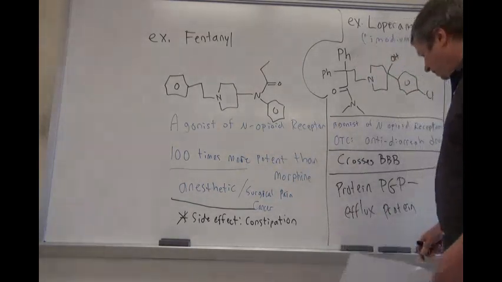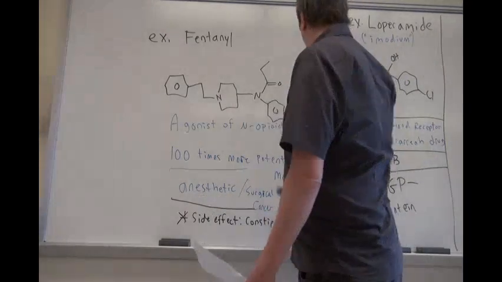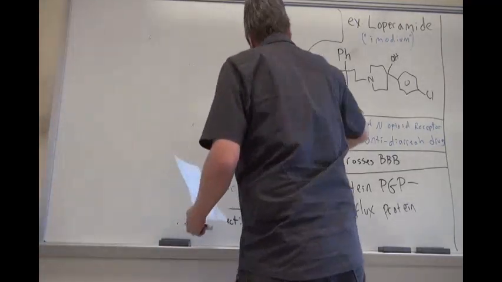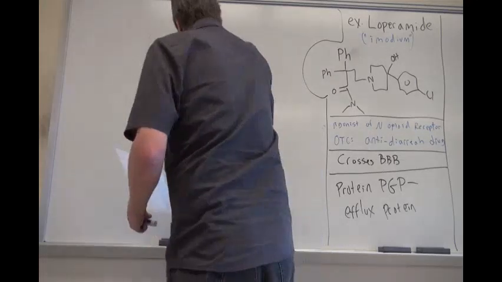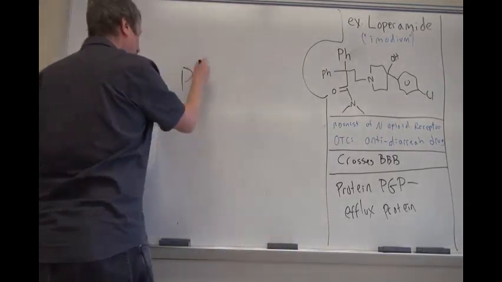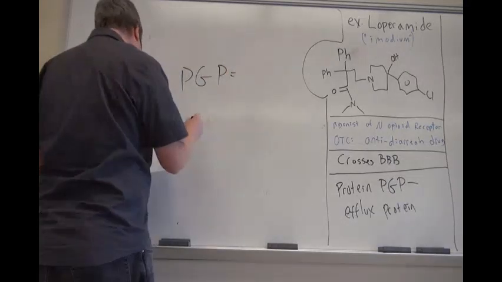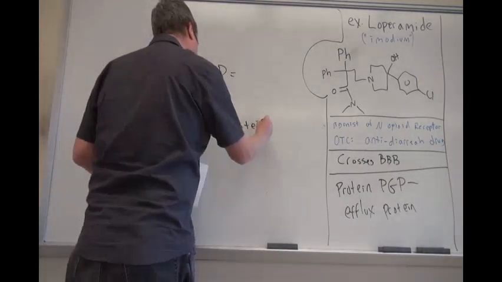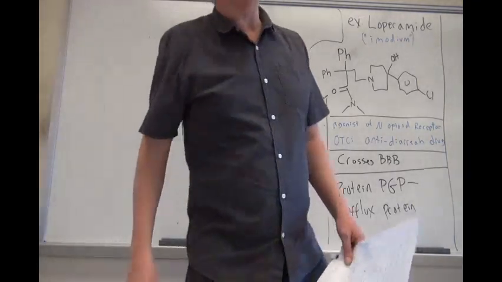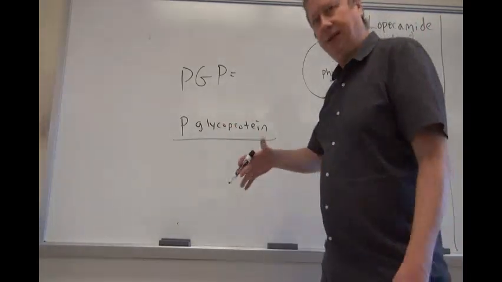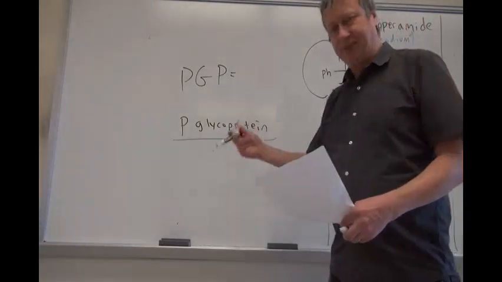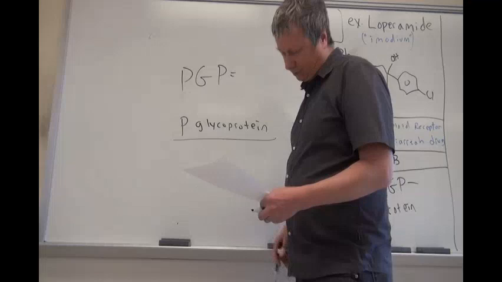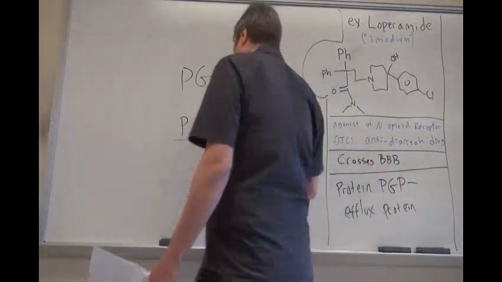Okay. So what's PGP? Let's draw PGP up here and talk about it a bit. PGP is called P-glycoprotein. P-glycoprotein is an efflux protein, and it kicks drugs out of the brain and other organs. It's also called a multi-drug resistance protein.